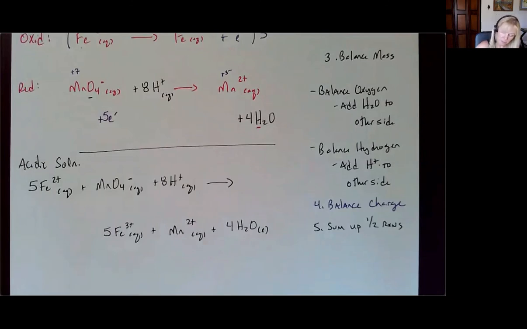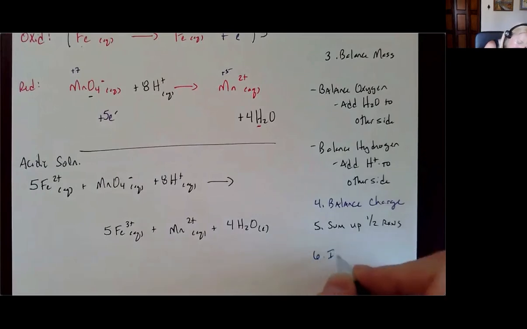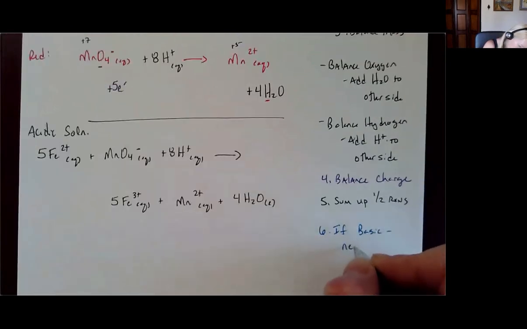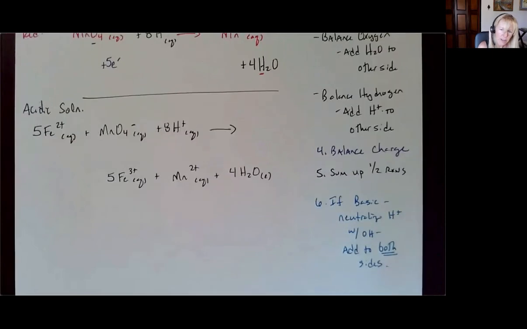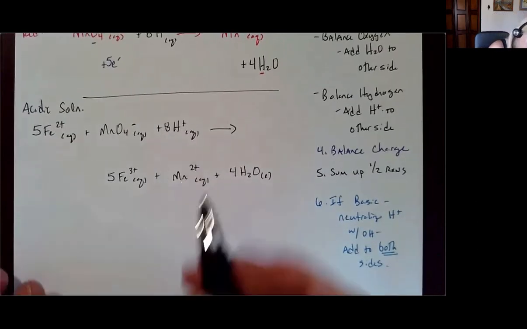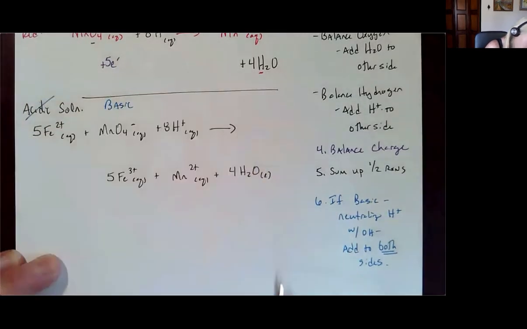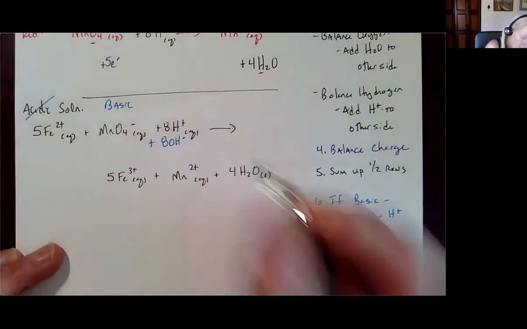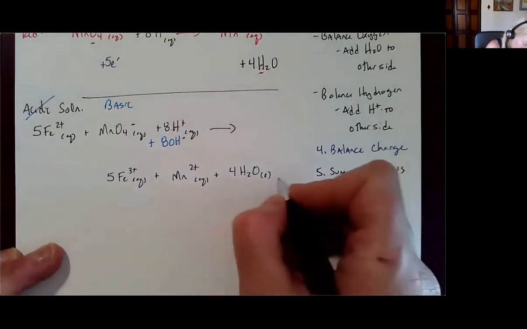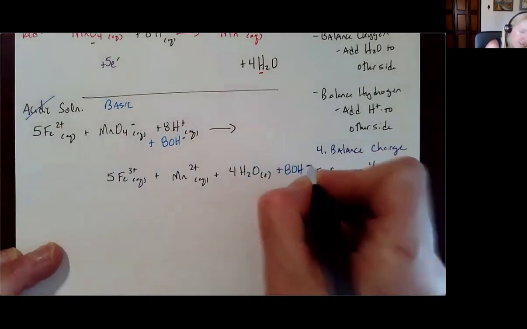So if I'm in a basic environment, this will be the last thing that I do: if basic, I'm going to neutralize my hydrogen ion with hydroxide, but I need to add to both sides. So I can't just add hydroxide to one side, I have to add it to both. So if this is in a basic solution, what I'm going to do is neutralize these by adding 8 hydroxides to my reactant, but I also need to add 8 hydroxides to my product side.